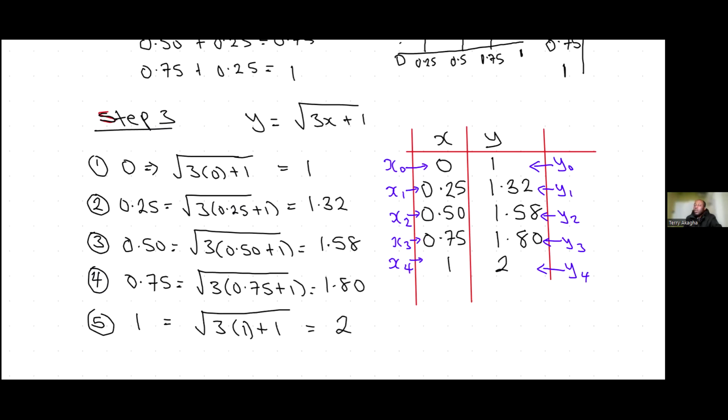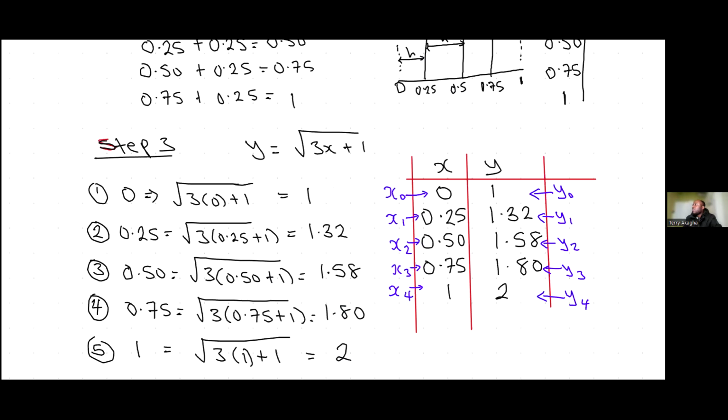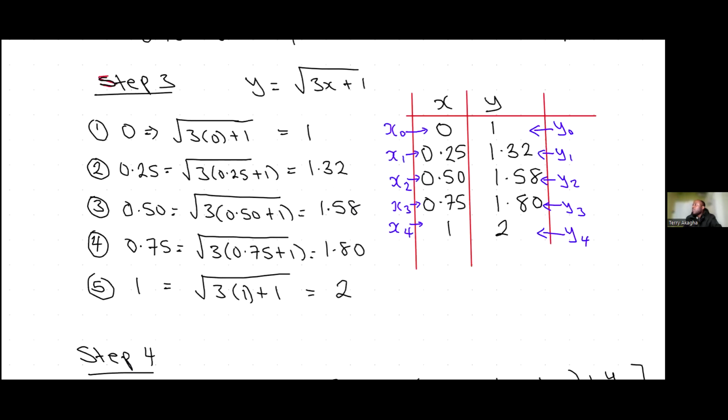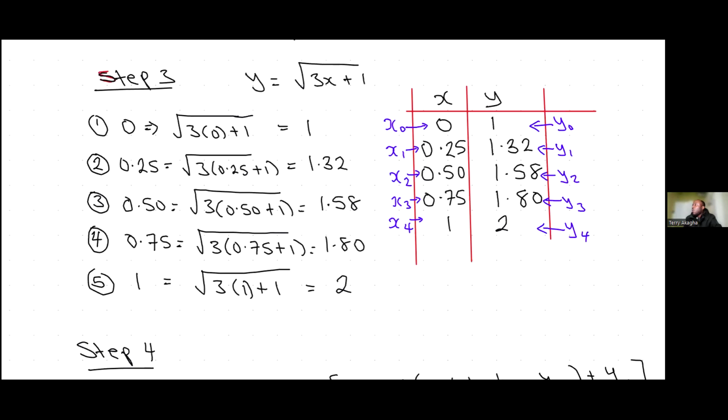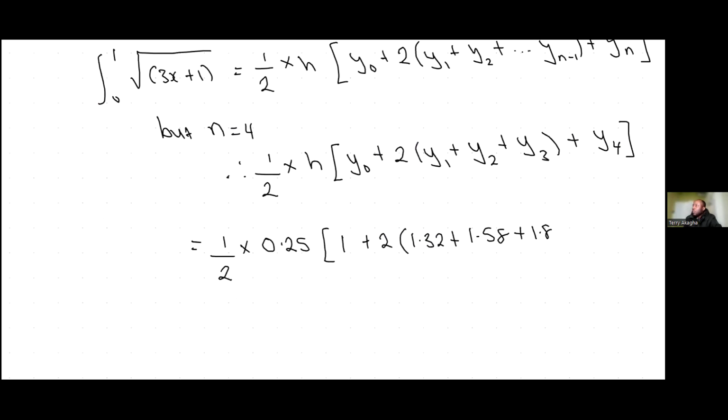The y naught we had there was 1, plus 2 into brackets 1.32, which was the y1. The y2 was 1.58. The y3 was 1.80, okay? 1.80 plus the y4 is 2, like this.